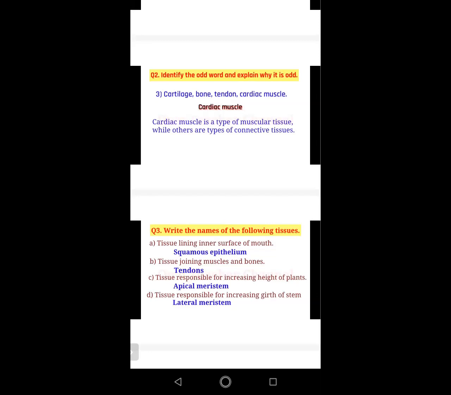Next is tissues responsible for increasing the height of a plant. Height of a plant means the growth of the plant. What is the tissue responsible for increasing the height of plants? It is the apical meristem.